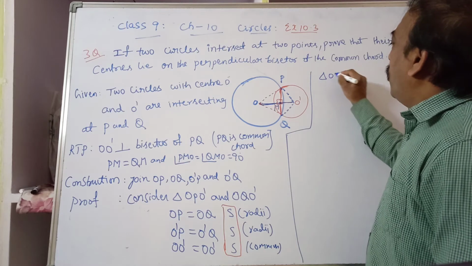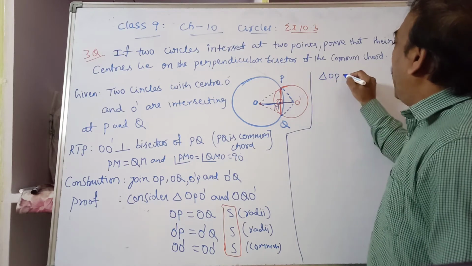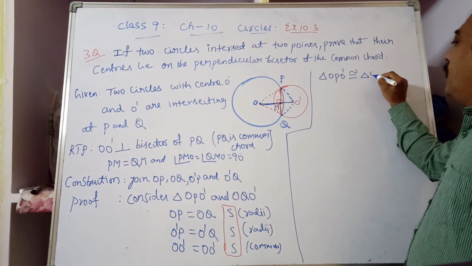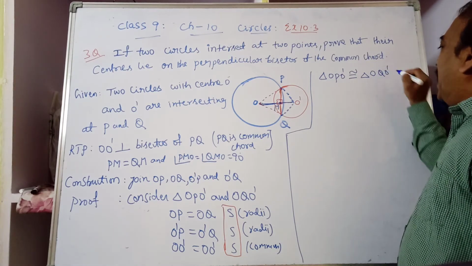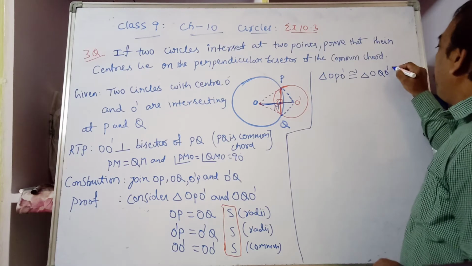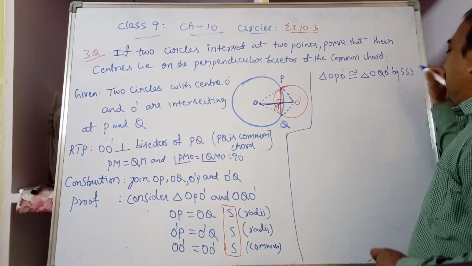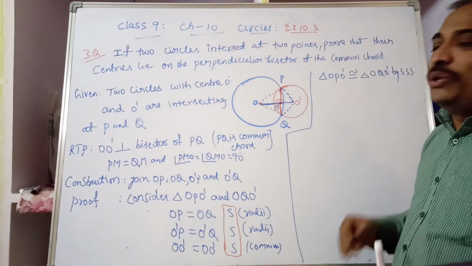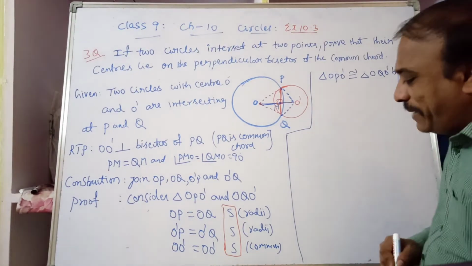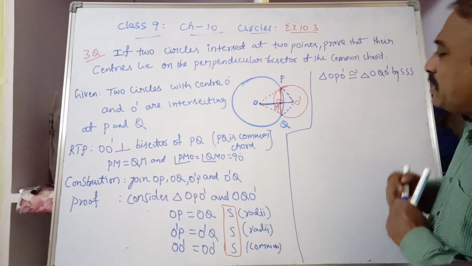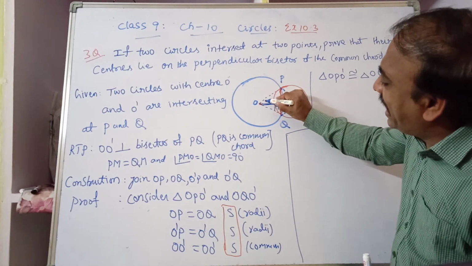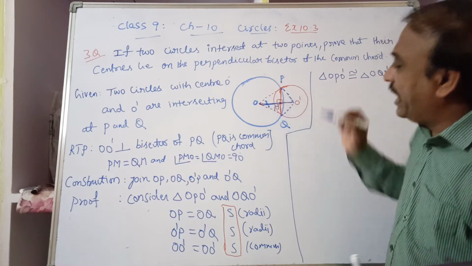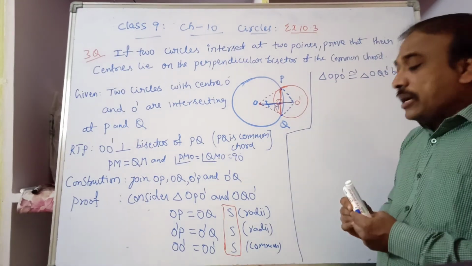So by the criteria, triangle OPO dash is congruent to triangle OQO dash by SSS. Once the triangles are congruent, we know that the corresponding parts will be equal. Now we are taking this angle and this angle. These angles are equal.